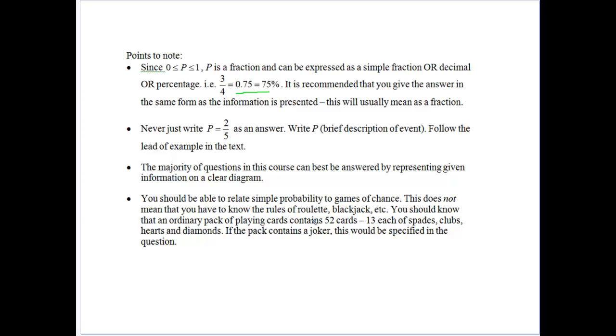You don't need to know roulette or blackjack, but we do need to know that an ordinary pack of playing cards has 52 cards: spades, clubs, hearts, diamonds. No jokers in this one. If a question does require a joker, it would explain that in the question. So we need to know those sorts of things.